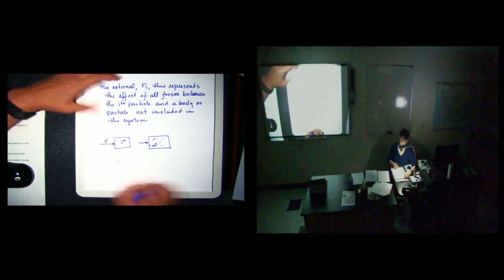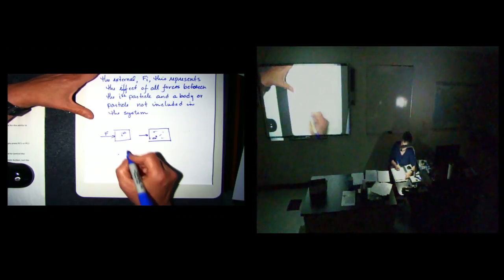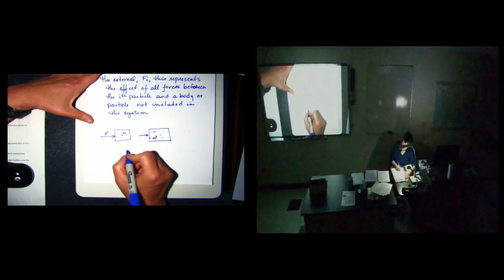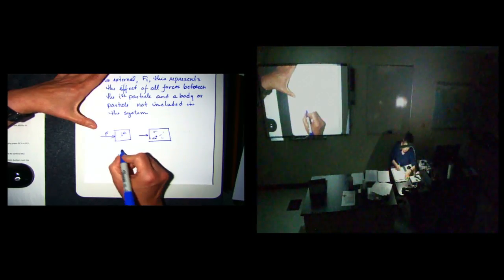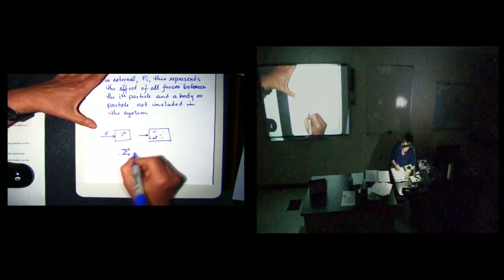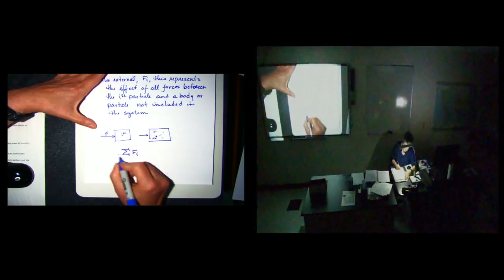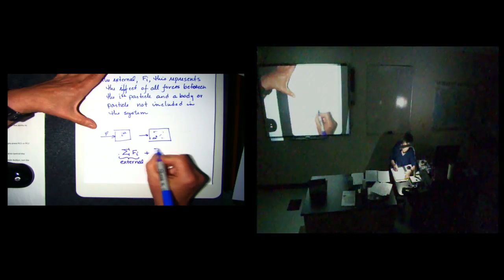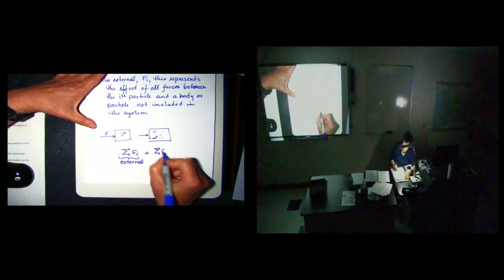But if I look at this system a little differently, there's my little ith box.